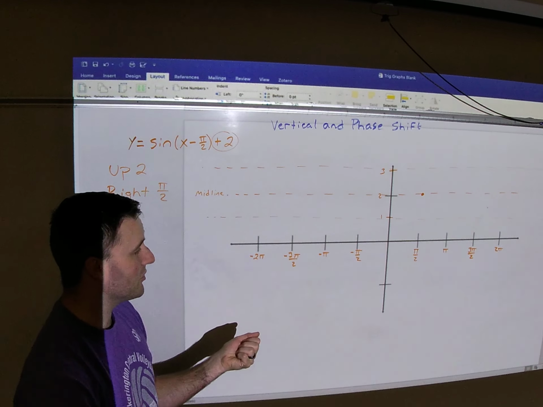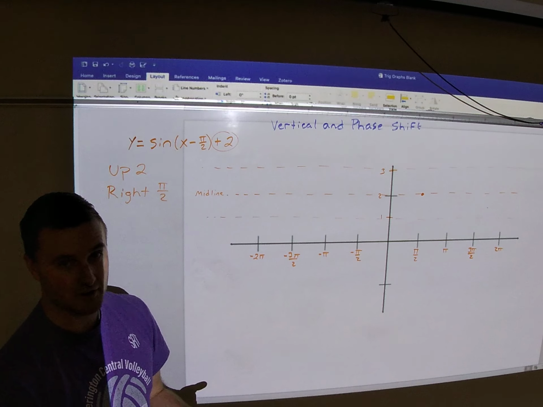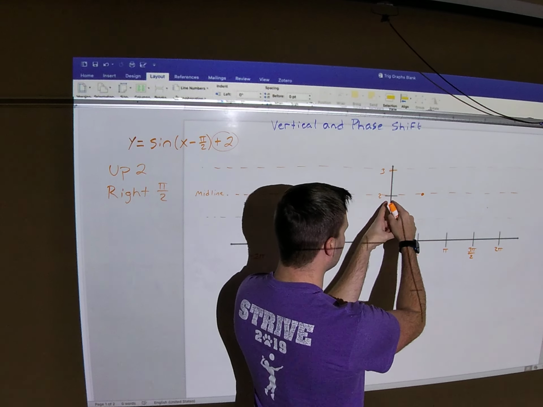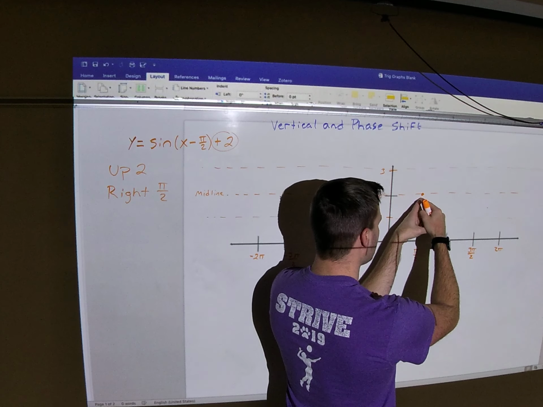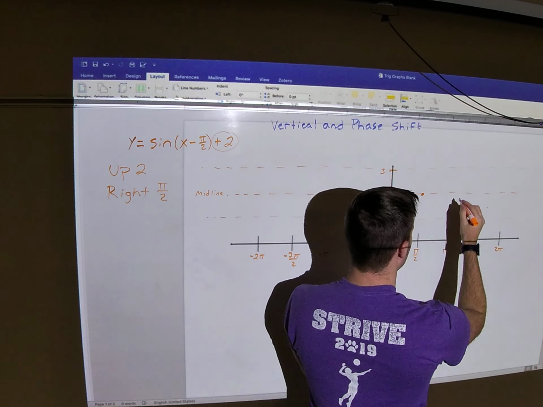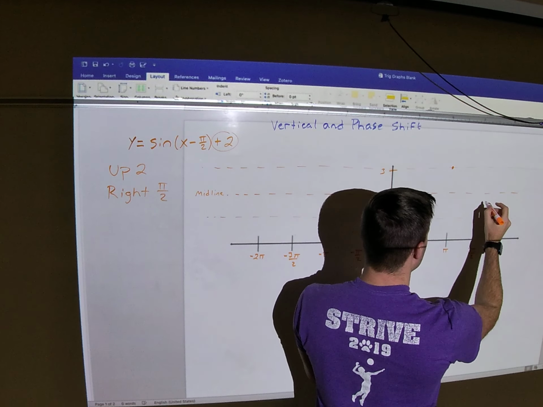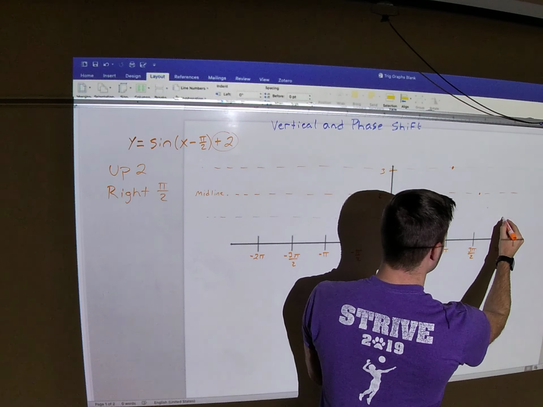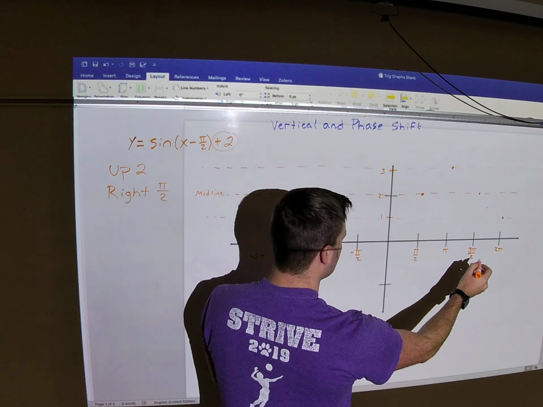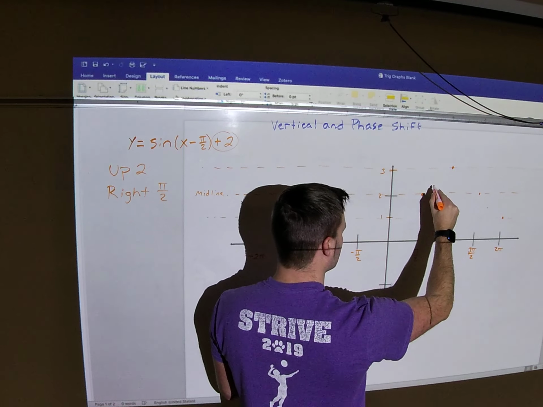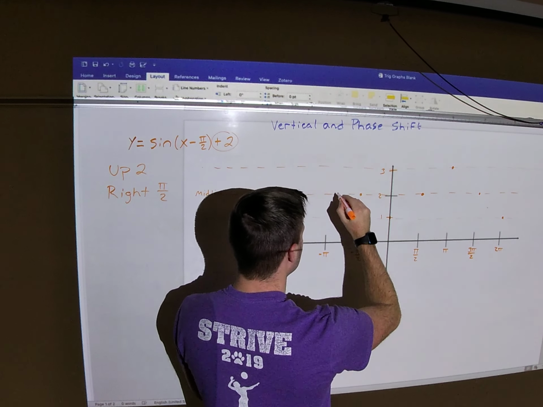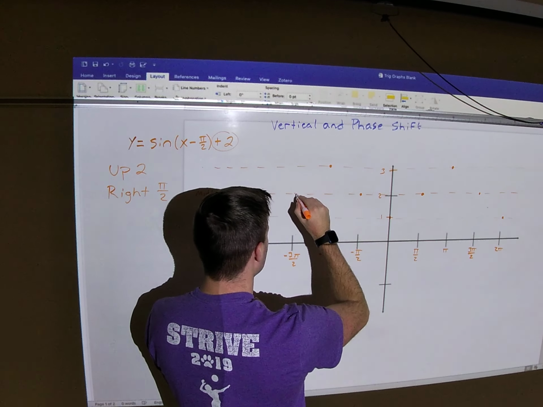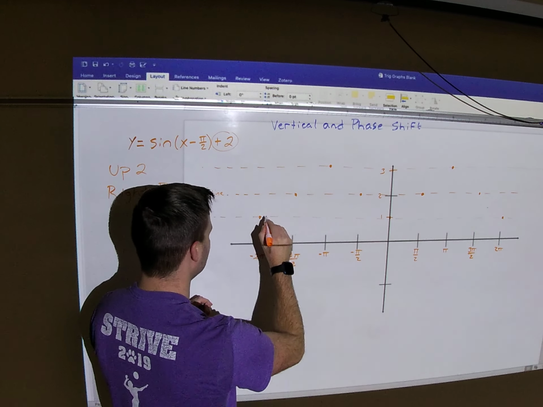From there, I'm going to then follow our pattern. Sine starts at the midline and it goes up. So if I shift it over to the right, I'm going to start at my midline and I'm going to go up for my next tick mark. So maximum, midline, minimum, and as I work my way around, maximum, midline, minimum, midline, maximum, midline, minimum.